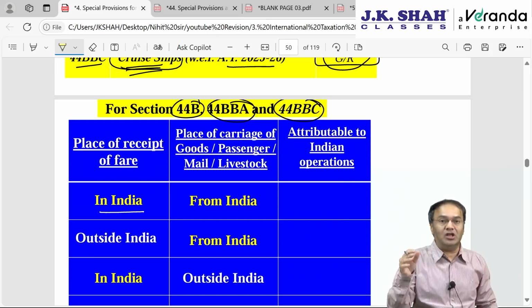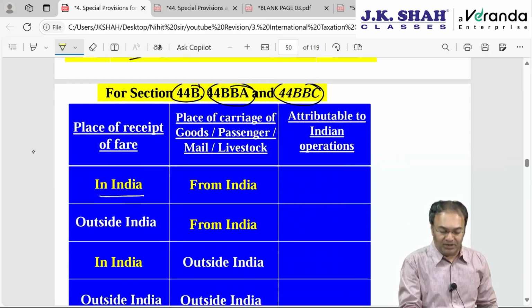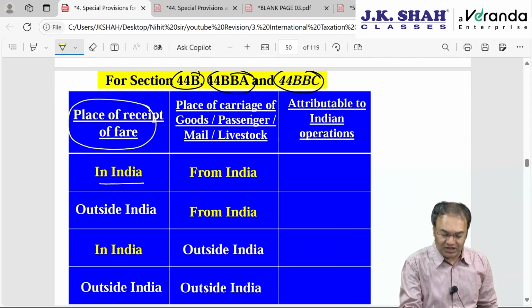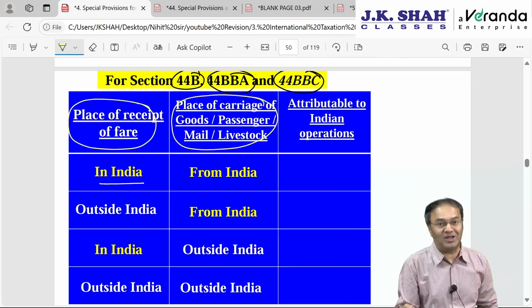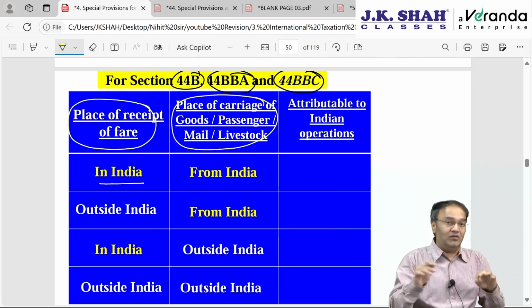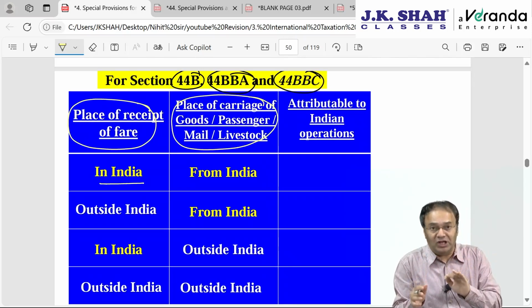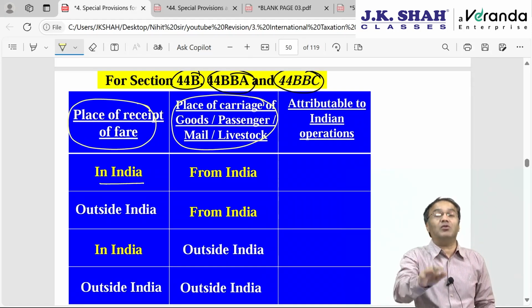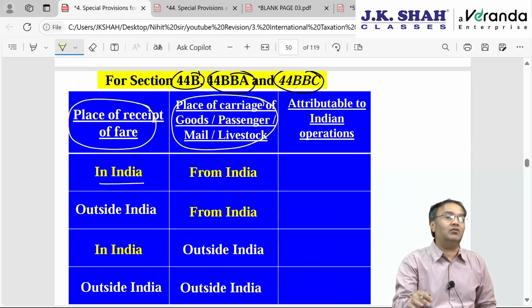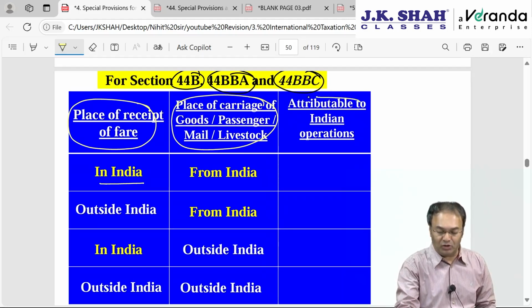From which country is the journey originating? So the place of receipt, and the second is the place of carriage of goods, passengers, mail or livestock. If either the place of receipt or the place of beginning of journey is in India, then it will be considered as gross receipt attributable to Indian operations.